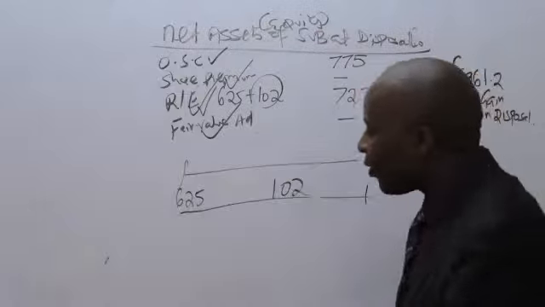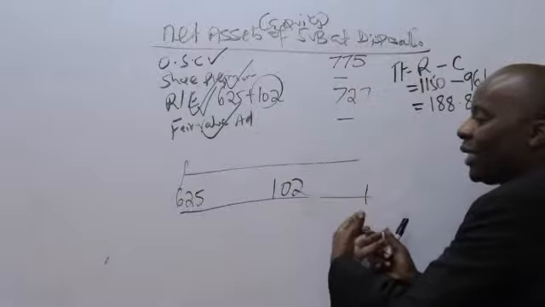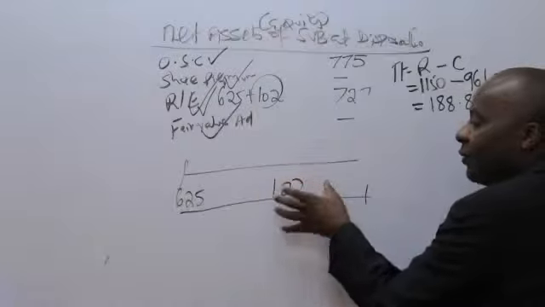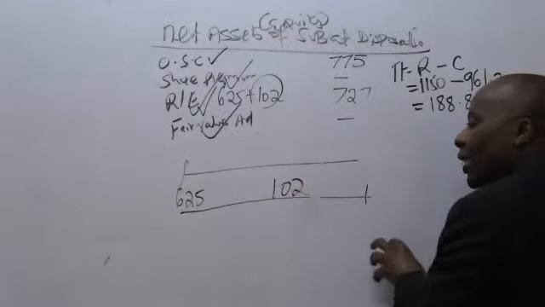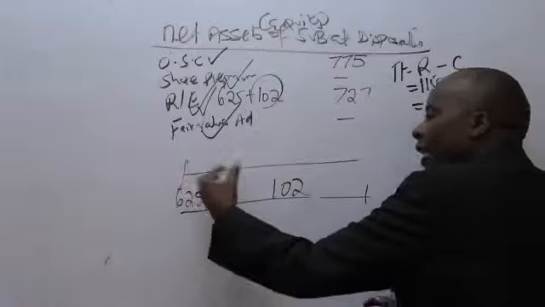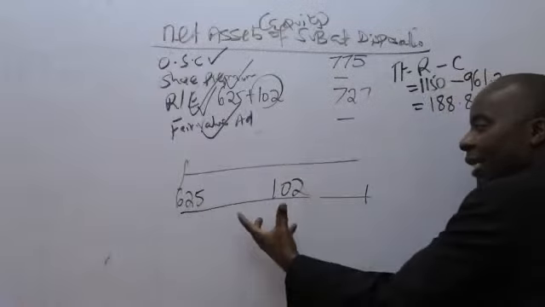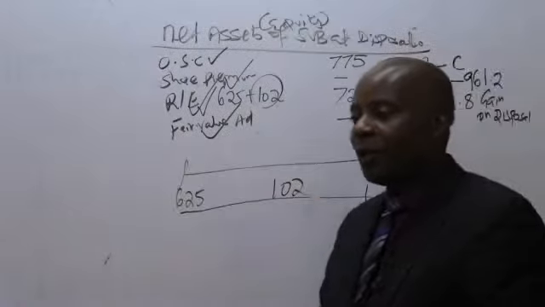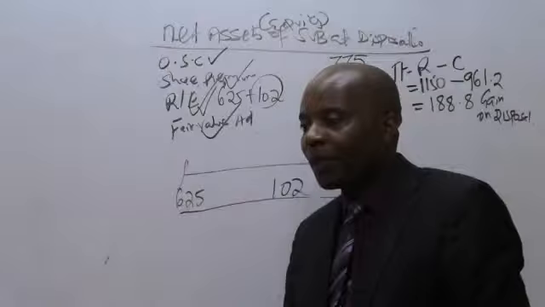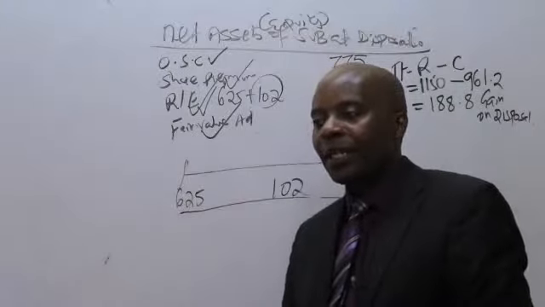So by the end of the year, what will be the total retained earnings? Remember, these guys never paid any dividend. So at the end of the year, it will be 625 that it came with, plus the 102 which has been retained to become part of that. Mary, are we together there? Great.